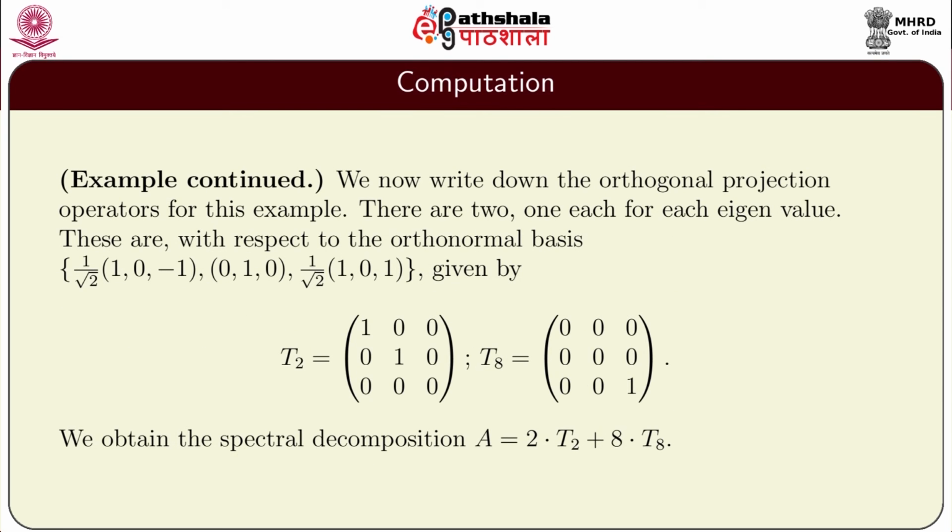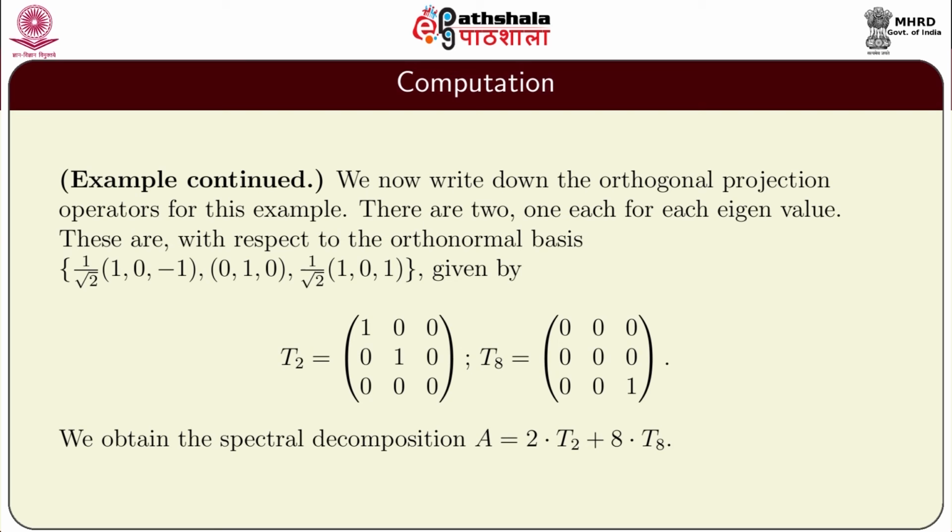Let us see the orthogonal projection operators for this example. There are 2, one for each eigenvalue, with respect to the orthonormal basis given there, T2 and T8.